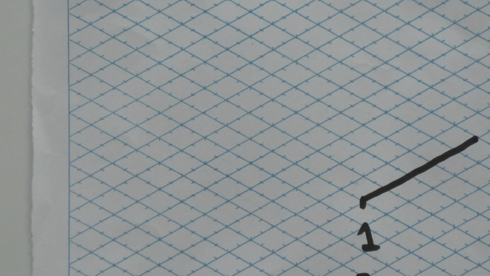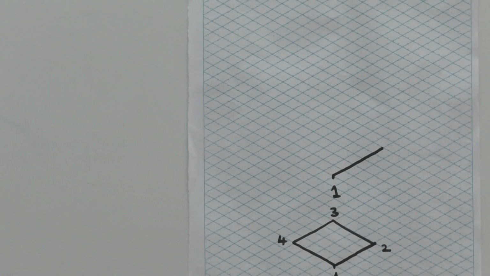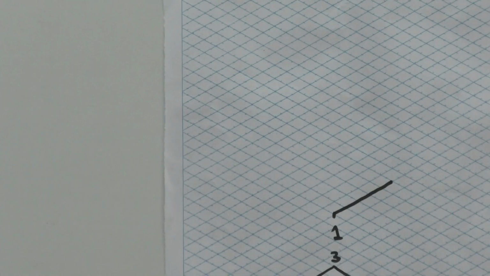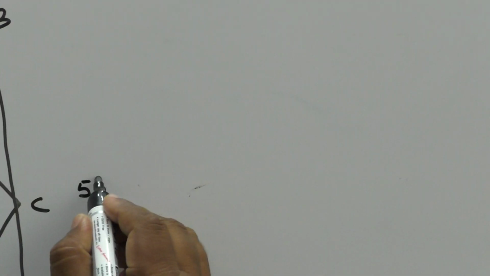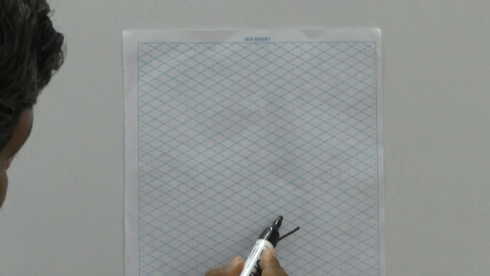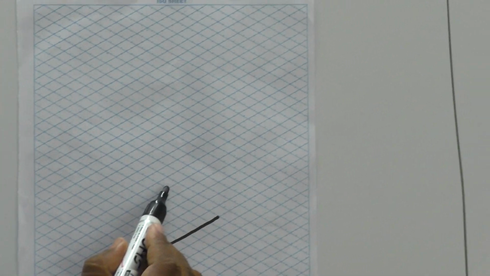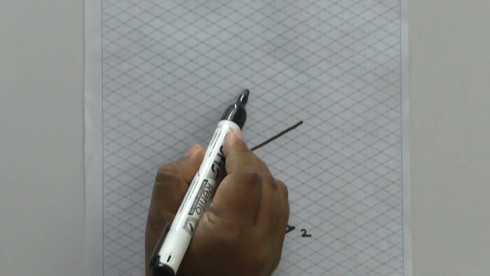Similarly, measure the actual dimension of 2 to 3 and transfer it onto the iso sheet. Suppose the dimension of 2 to 3 is 55 millimeters. So along this direction, 1, 2, 3, 4, 5. 5 means 50 millimeters, and I have to take 55.